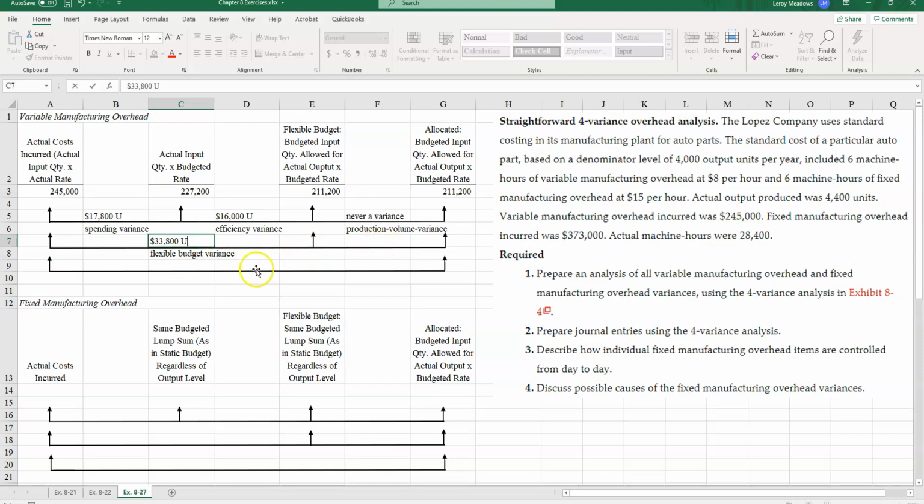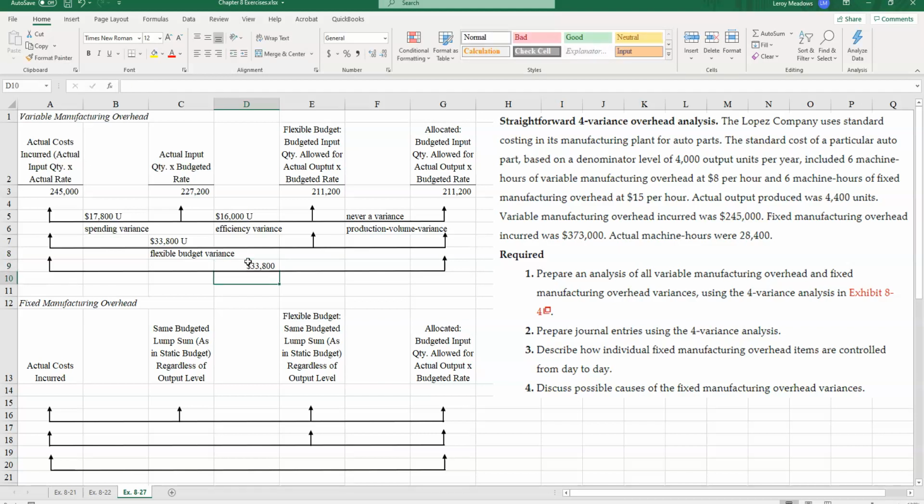So this difference between my actual costs incurred and the amount allocated is going to be my over or under allocated variable costs. The difference between my actual costs incurred, 245,000, and the amount I allocated, 211,200, is 33,800.